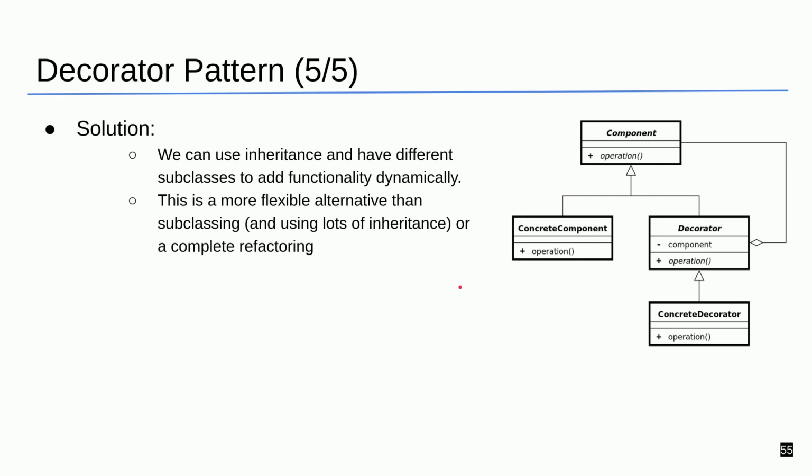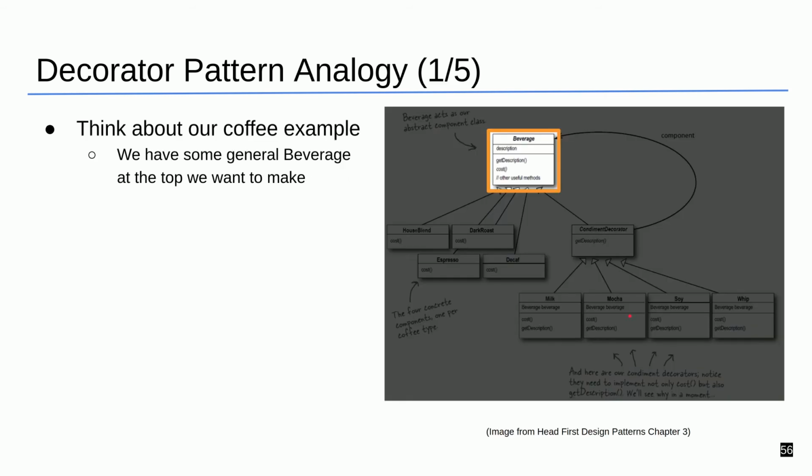So our solution is, again, to go back to using inheritance and have different subclasses to add functionality as we need it, and do this dynamically, okay? So here's our component, then we'll have another concrete component, and then this new decorator class is the new innovation here, okay?